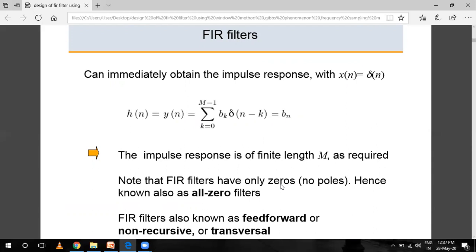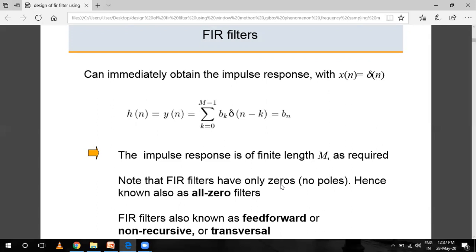The impulse response is of finite length M as required, and note that the FIR filter has only zeros, hence also known as an all-zero filter. Yes, when we designed the IIR filter in the second unit and fourth unit, we studied that the IIR filter consists of poles and zeros, but the FIR filter consists of only zeros, no poles, hence also known as an all-zero filter.